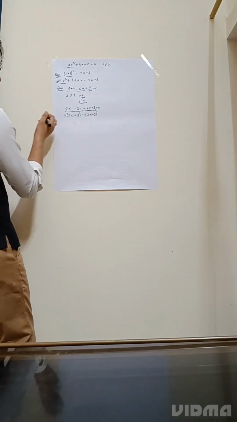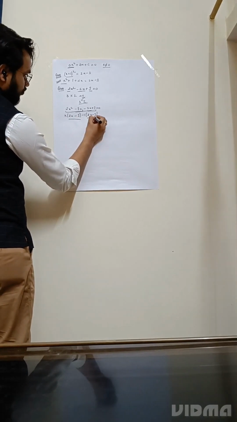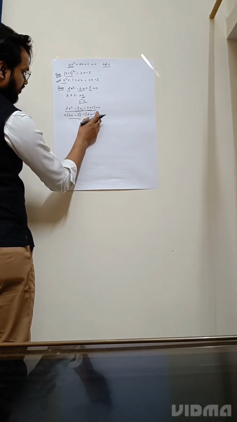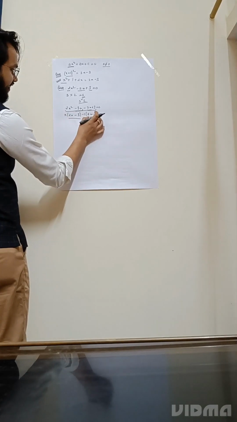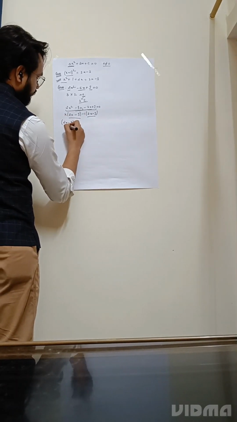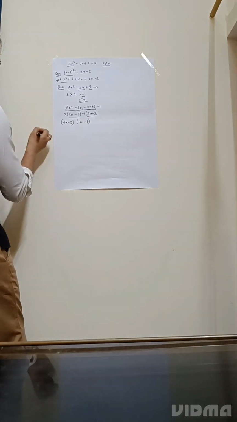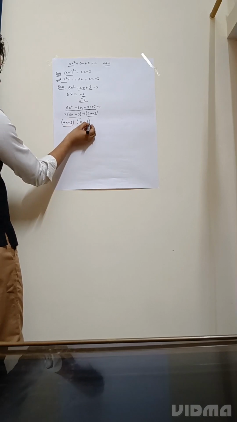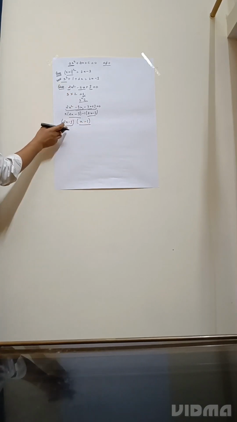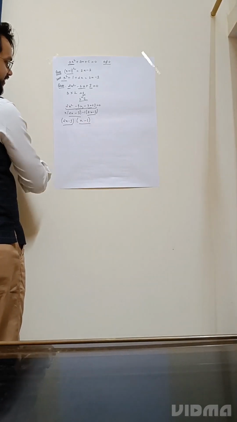Now we see we have two similar terms, 2x minus 3 and 2x minus 3 again. So we take 2x minus 3 as common. And now we have two factors of this equation. The whole equation is written in the form of two factors, that is 2x minus 3 and x minus 1.